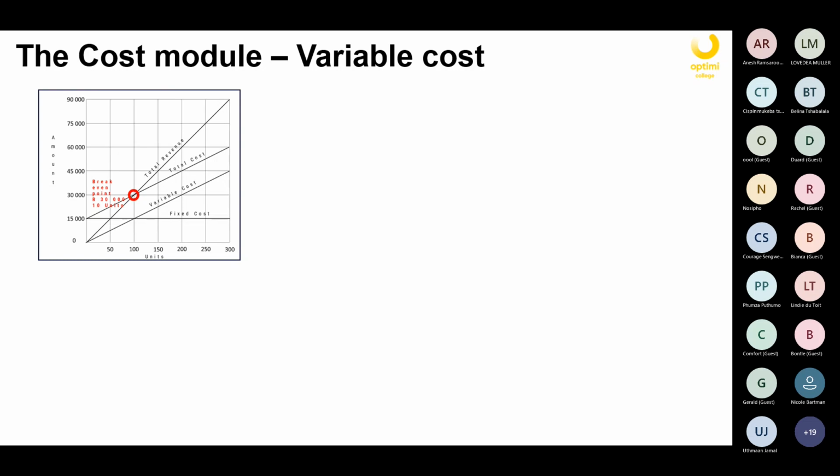So we need to get a line that starts from the origin 0. In this case, we have 2 lines that start from the origin 0. So we know it's either going to be this line, or it's going to be this line.